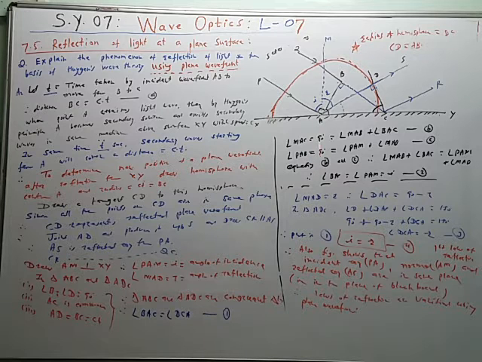So the right hand side 90 degree is the same, therefore we can equate B and C. Equating B and C, we get MAB plus BAC is equal to PAM plus MAB.